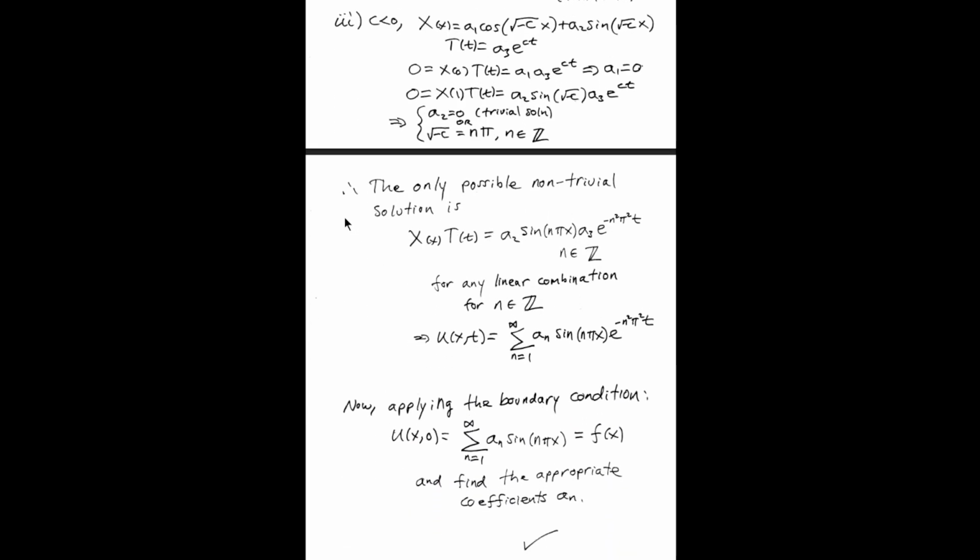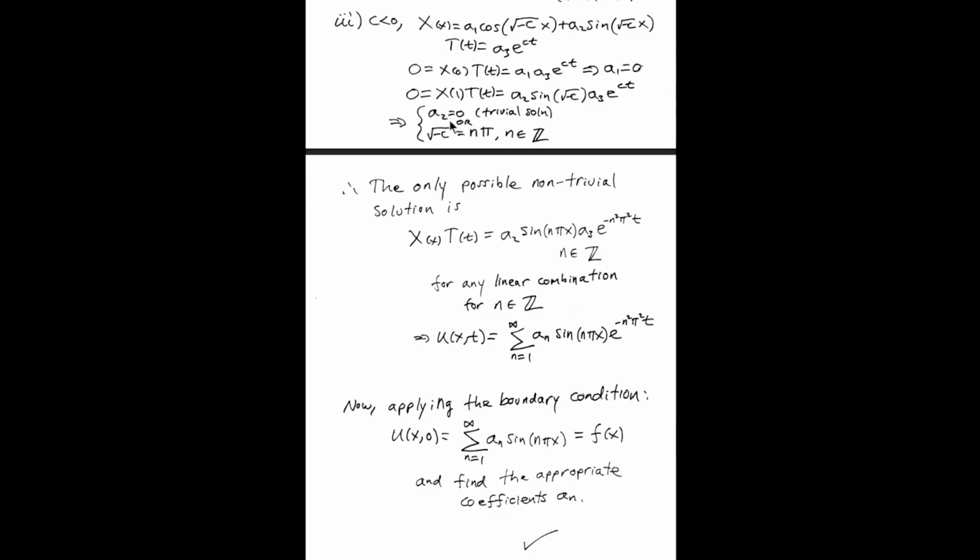Therefore, we can say the only possible non-trivial solution is X of x T of t equals a2 sine of n pi x times a3 e to the minus n squared pi squared t, where n is in Z.